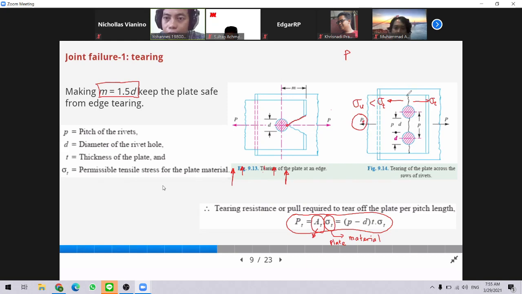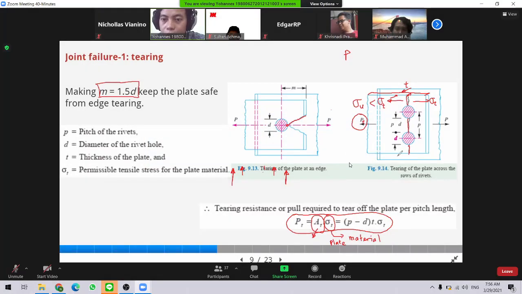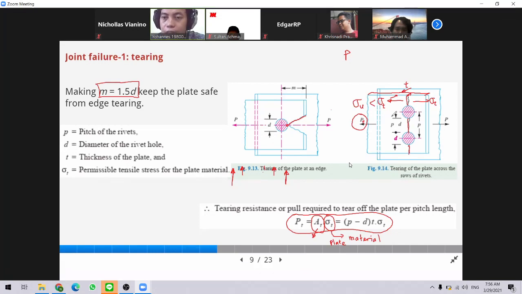And for the area of the plate, here we have the thickness in this direction. Here we have the thickness T. So the effective area of this crack area is this length multiplied by the thickness of the plate. For example, we analyze the joint in a single pitch.